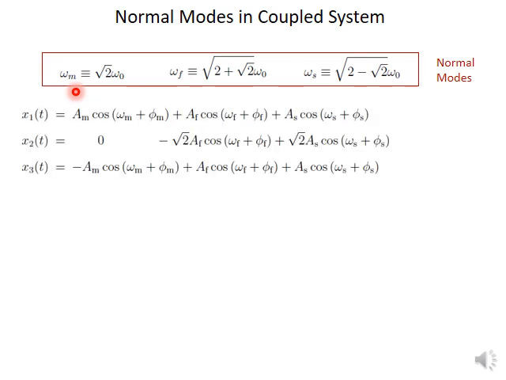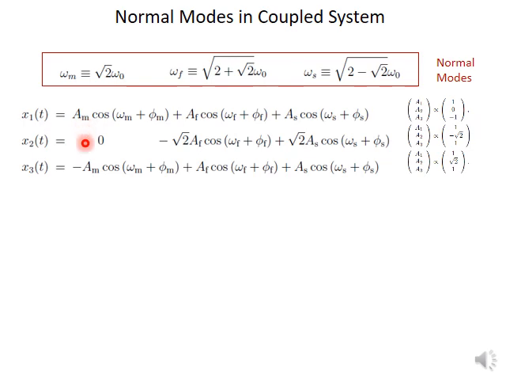As we saw earlier, we can work out the time dependent solutions and the real part of it. We can do the same process as we did for the two mass system, and it turns out that the real solutions x1, x2, and x3, which are the displacements of the left mass, the center mass, and the right mass, are given by this condition. You can see the coefficients have a certain relation.